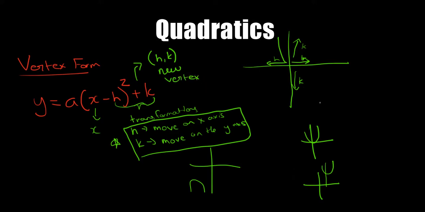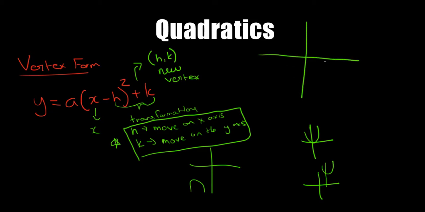Let's just do a little example here. Let me just clear this stuff first. Okay, so supposing you've got a parabola here, and it moves two to the right and three up.